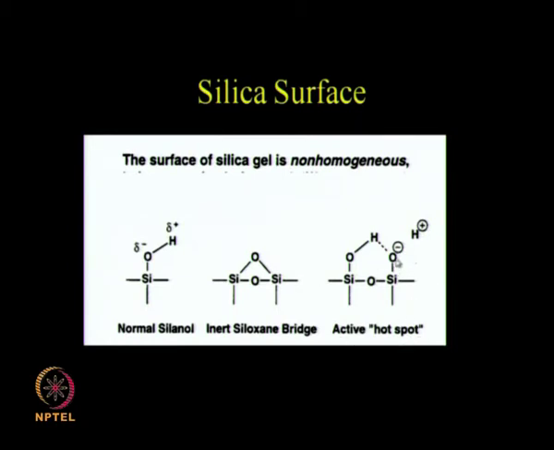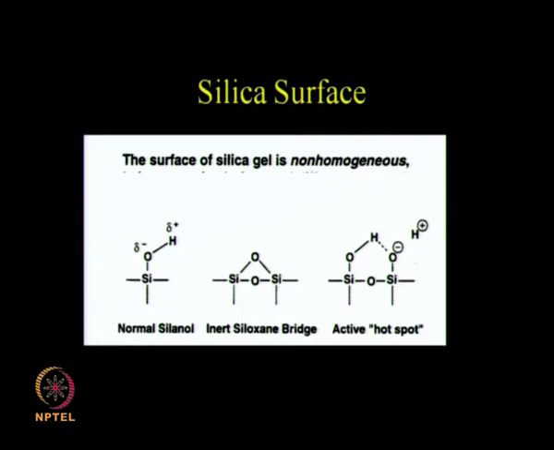These are called hot spots. If you have solutes which also have certain charges, then there is not going to be a hydrophobic interaction but more of an ionic interaction, and you have completely destroyed the principle of hydrophobic chromatography.